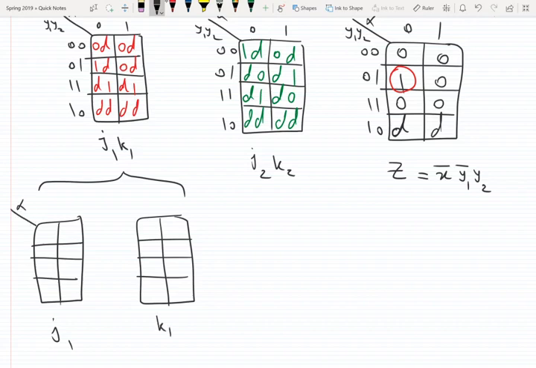X, Y1, Y2: 0 0 0 1 1 1 1 0 0 0 0 1 1 1 1 0 0 1.